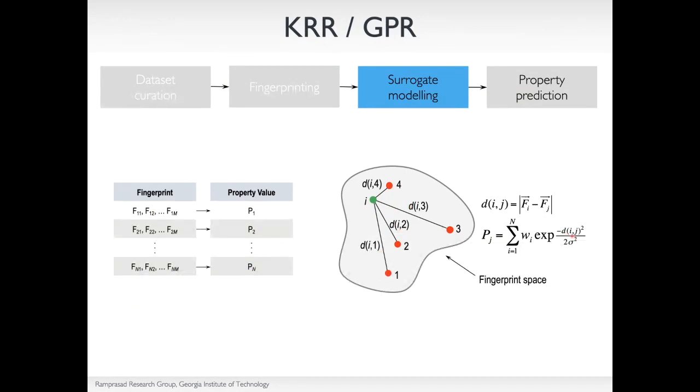The distances are here. That's how your kernel ridge regression or Gaussian process regression works. And these are extremely powerful methods. If your data set size is smallish, meaning not more than a few thousands, these are the methods of choice.